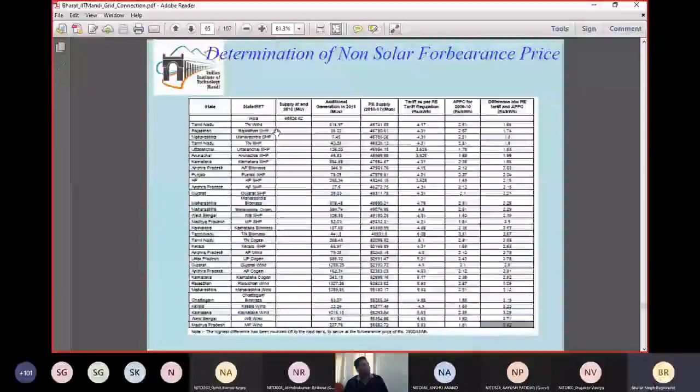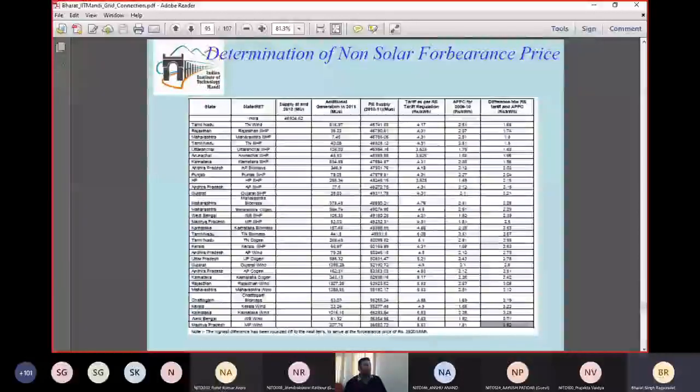It means the price of the REC certificate can go up to 3.82. If in a particular year Tamil Nadu wind gets 3.82, and the APPC is 2.51, the addition is beyond 5 rupees, which is beyond the preferential tariff of 4.17. So Tamil Nadu wind is able to make a profit if the certificate in that year is sold at the maximum price.